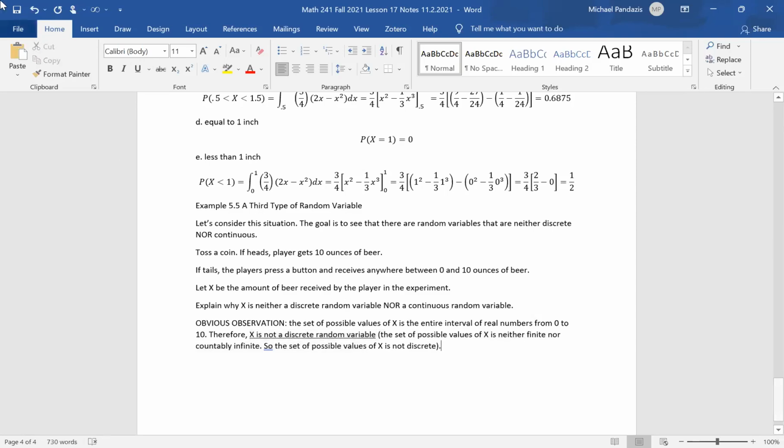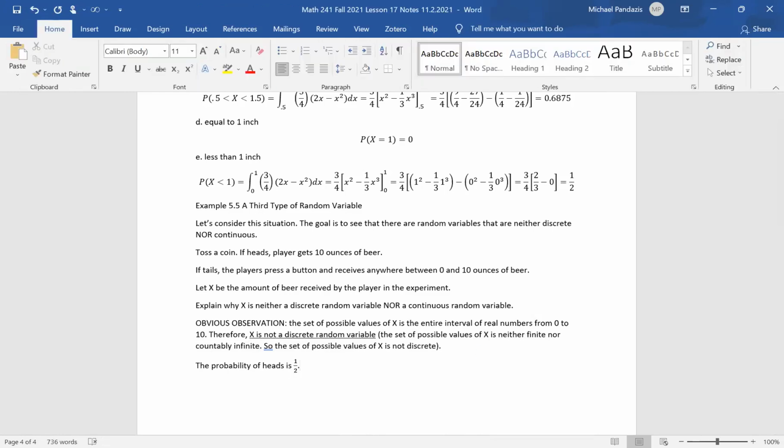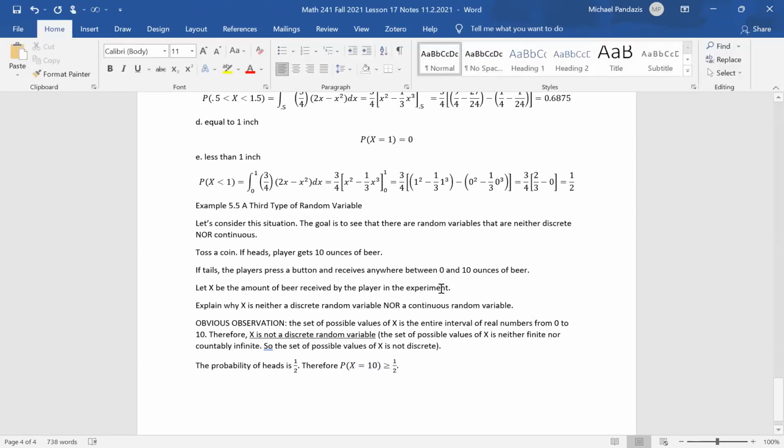But we want to say why it's neither discrete nor continuous. This is a little bit harder, but once you see it, it makes sense. The probability of heads is 1/2. Therefore, the probability of X equaling 10 is greater than or equal to 1/2.